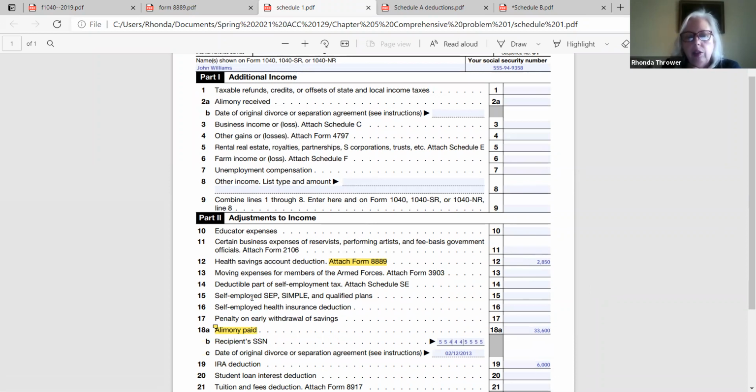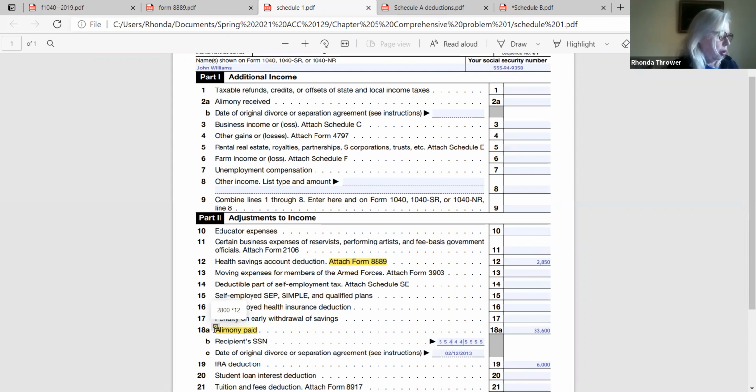We didn't have any moving expenses or deductible part of self-employment tax. None of these applies to us. But we did have some alimony that's paid. And if you look in your instructions, they tell you that John pays his ex-wife, Sarah McLaughlin, $3,900 per month in accordance with their February 12, 2013 divorce decree.